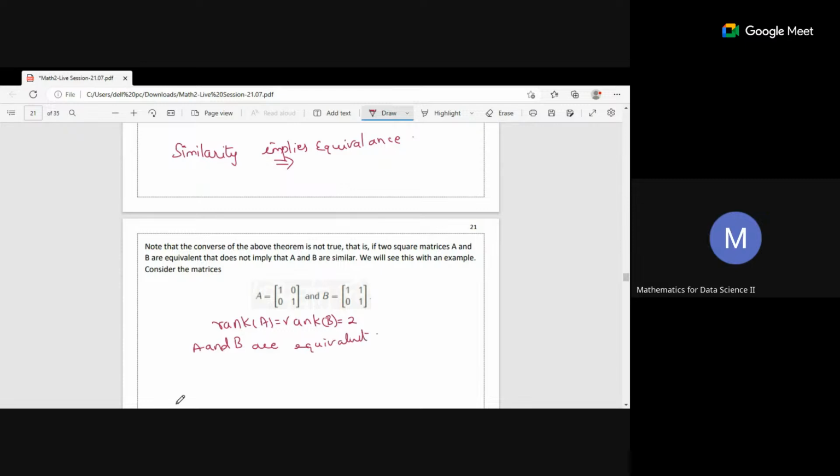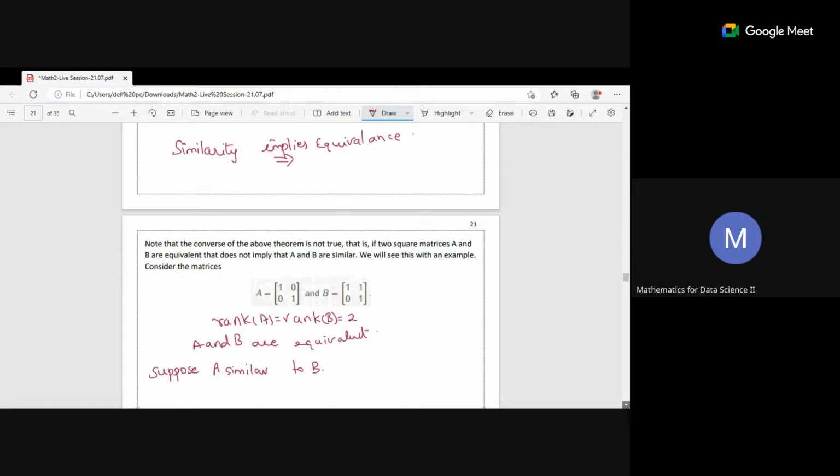Okay. Are they similar? Suppose let us say it is similar. Suppose A is similar to B. It means what?